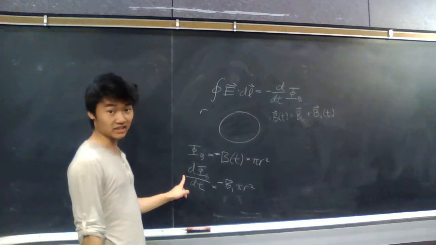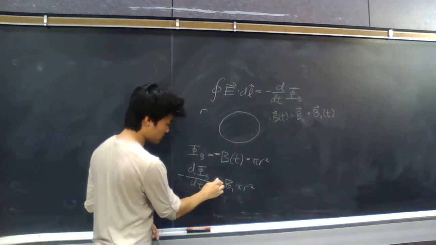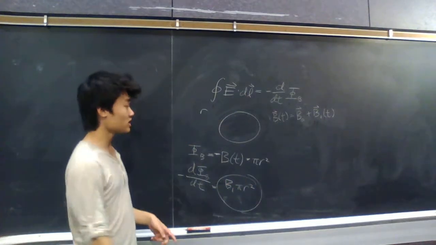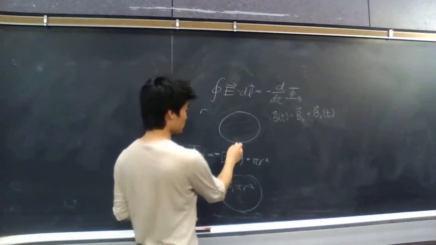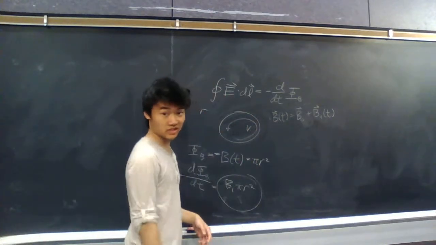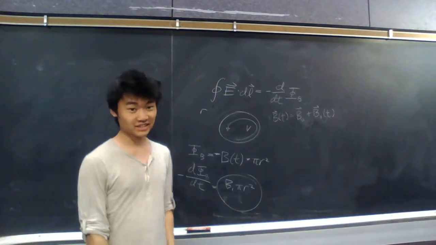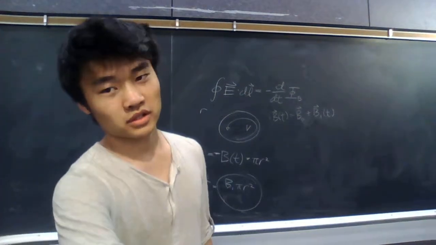But if I'm going to take the negative rate of change anyway, I just negate both sides, and that actually becomes a positive answer. Again, positive in this case means our voltage goes counterclockwise. So the induced voltage is just going to be B1 pi r squared. And that's pretty much all there is to Faraday's law.